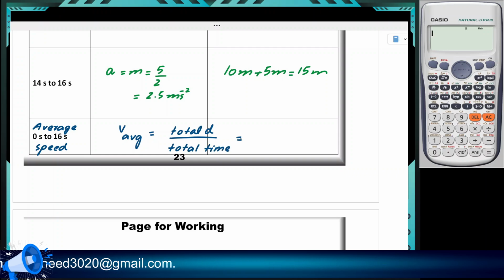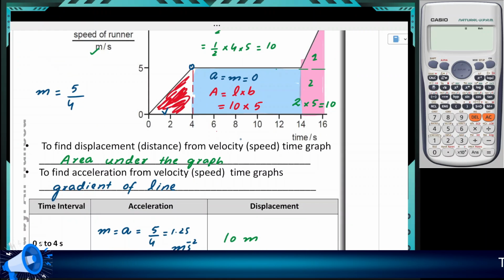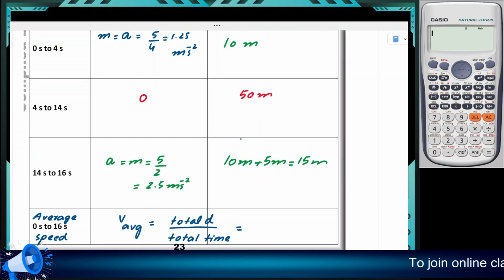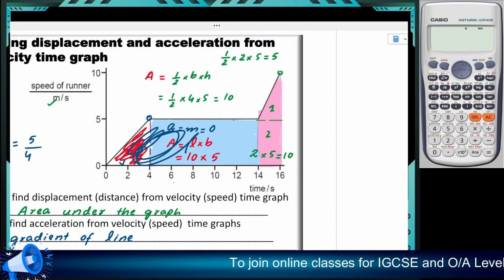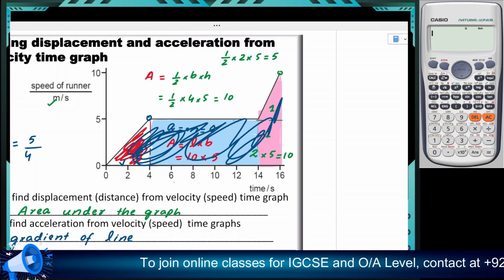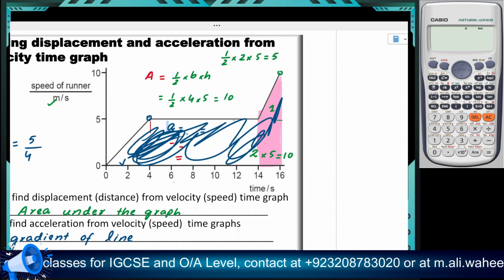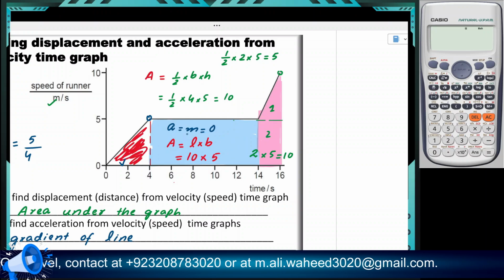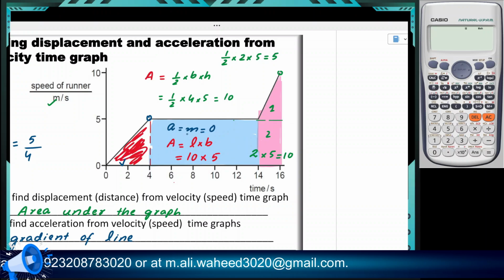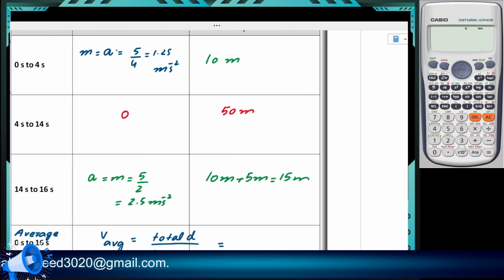What is the total distance covered by the object? The total distance would be the sum of all three distances. So the total distance is basically this one, all of it. We didn't find the total distance all at once, but rather we have found these distances in segments. If I add all of those segments, I shall get the total distance.